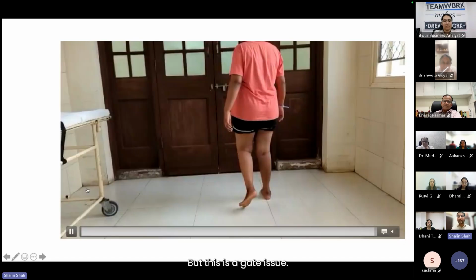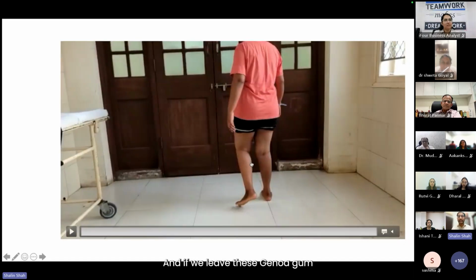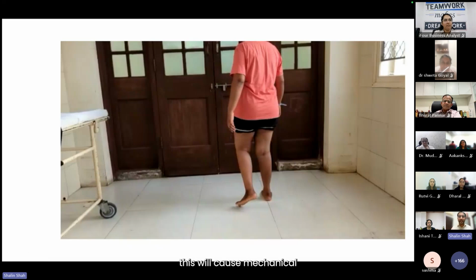But this is a gait issue, and if we leave these genu valgum as it is, in the long run, this will cause mechanical loading of the lateral aspect of the knee joint and cause eventual arthritis. So we do not want that abnormal loading to be happening on the knee joint, which is why these do need correction of the mechanical axis.